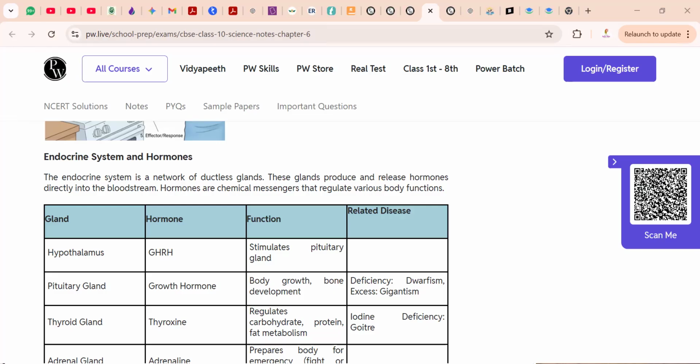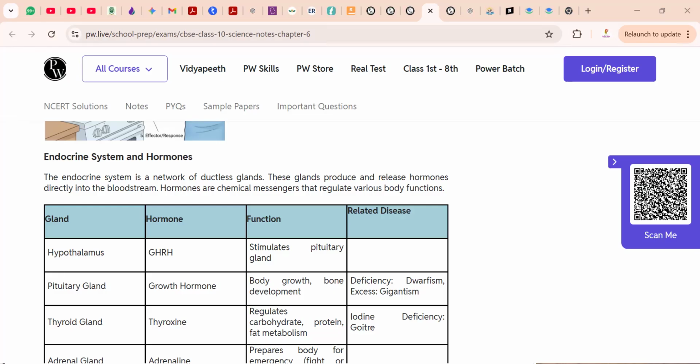So effectors are muscles or glands. For muscle, for example the skeletal muscle, the action is running or walking. In the case of a gland, what will be the response? It will produce secretions, hormones. So effectors are muscles or glands, and they act in response to a stimulus received from the nervous system.